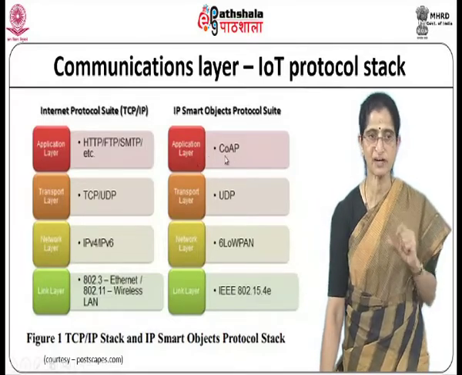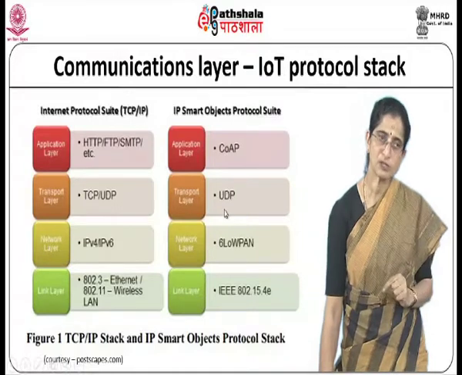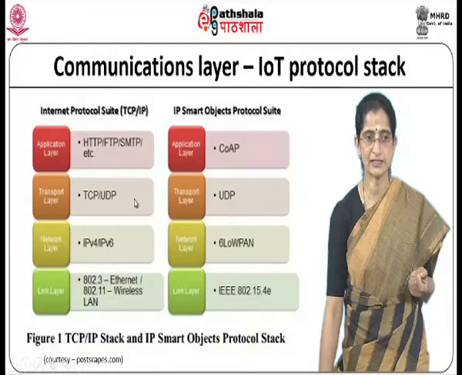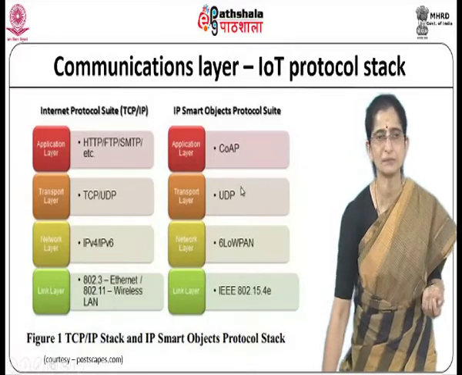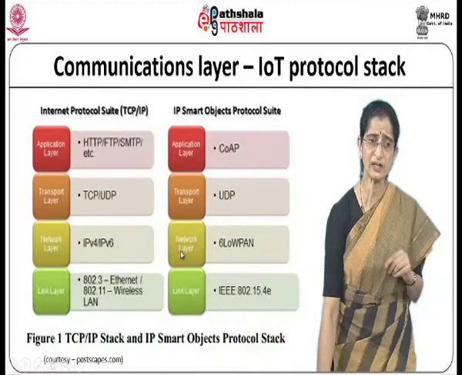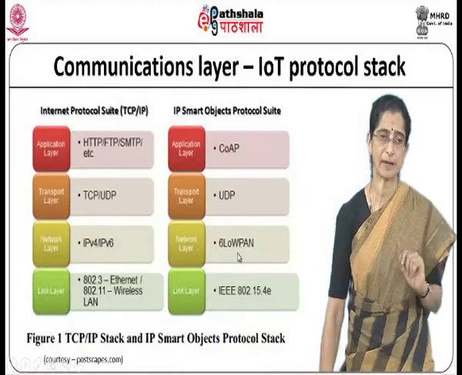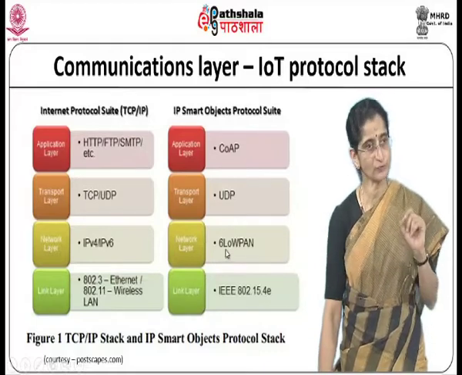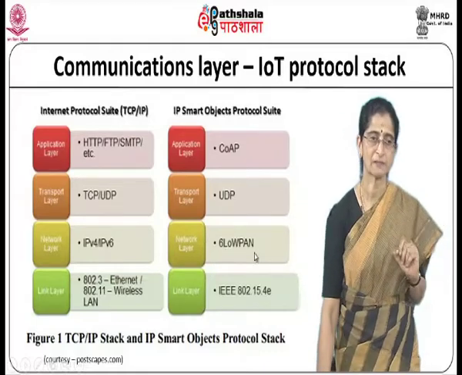The constrained application protocol works on top of UDP. UDP is the preferred transport layer protocol rather than TCP, because you want to keep things light and the processing has to be simpler. At the network layer, we have 6LoWPAN, which is basically an adaptation of the IPv6 protocol for low power PAN networks.